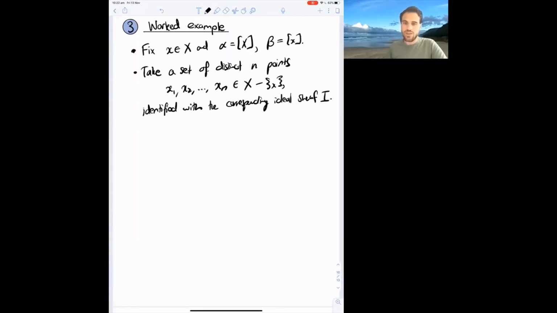Okay, so let's calculate the commutator of P_alpha^(i) and P_beta^(j).